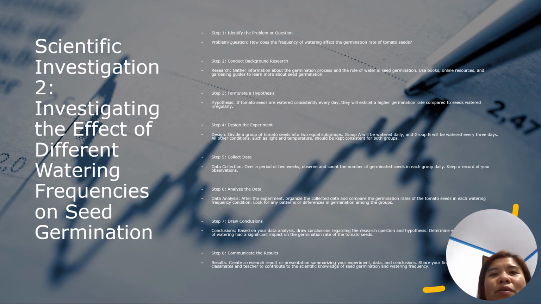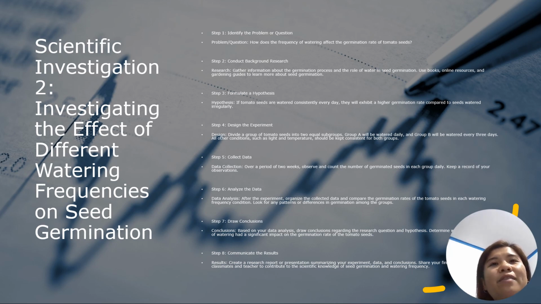Determine whether the frequency of watering has had a significant impact on the germination rate of the tomato seeds. Again, you go back to your hypothesis in drawing your conclusion. You could either say that your experiment supports your hypothesis or that your experiment does not support your hypothesis.